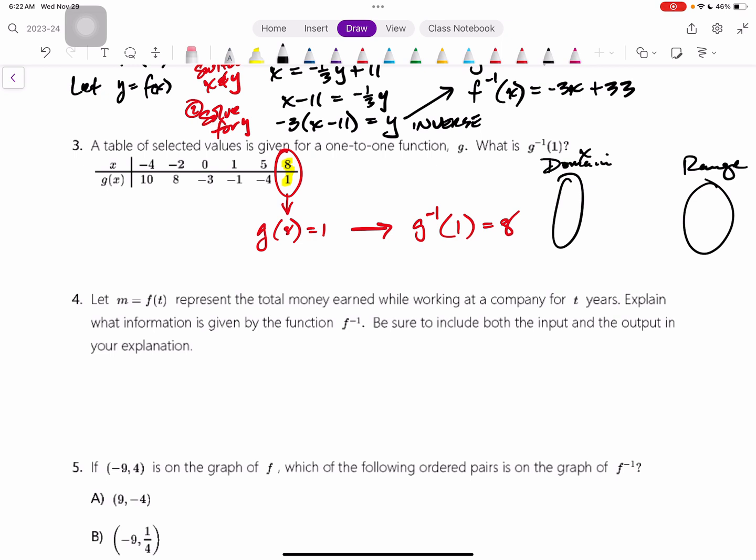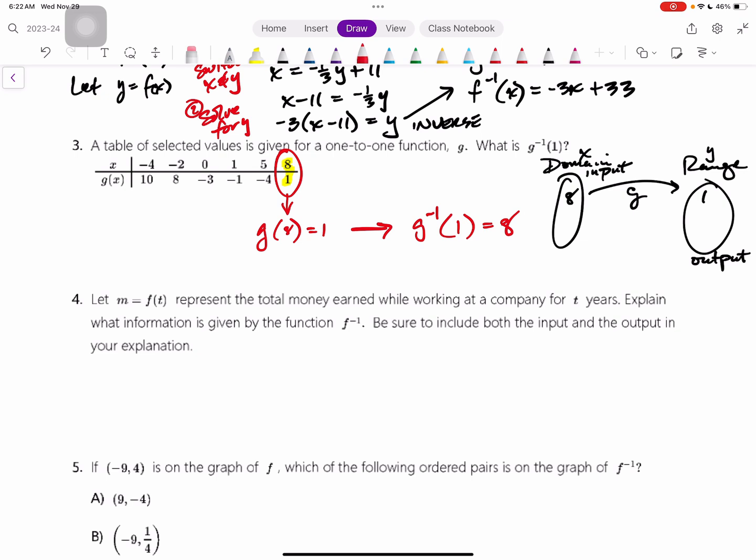Domain is x, range is y, and our function is g, so g maps whatever is in the domain to the range. So 8 is in the domain, an input value. Remember, domain is input, range is output. So when x is 8, you send it through the function g, you get 1 over here. So g of 8 equals 1.